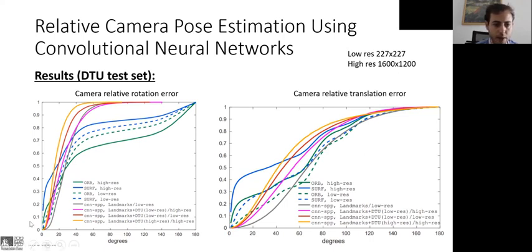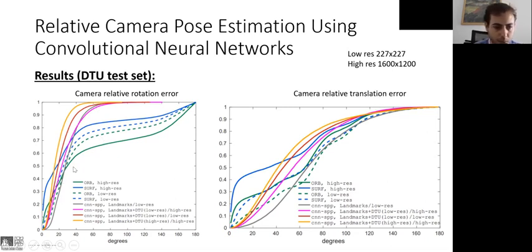And as you can see, the classical methods can get very accurate results, but only for a small fraction of camera pairs, probably pairs where the viewing direction is very close. But when you consider a variety of viewing directions, then they get very inaccurate compared to the deep learning solution, which is more stable.